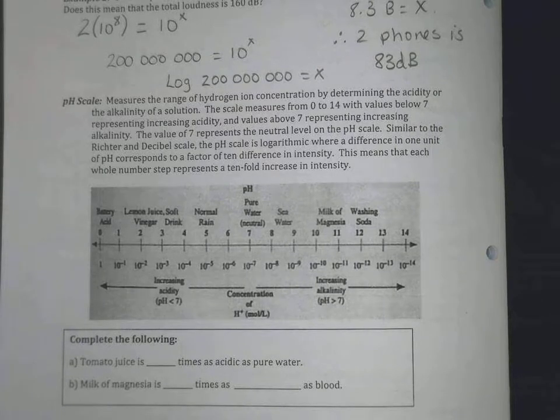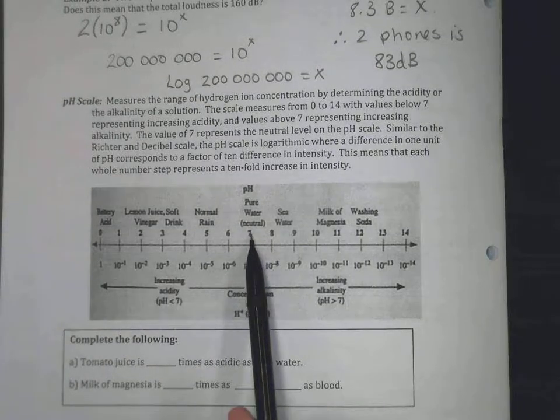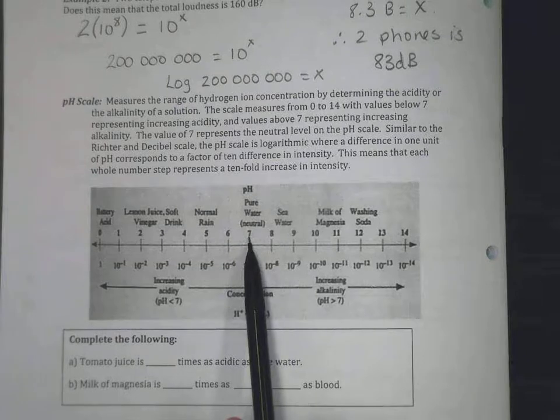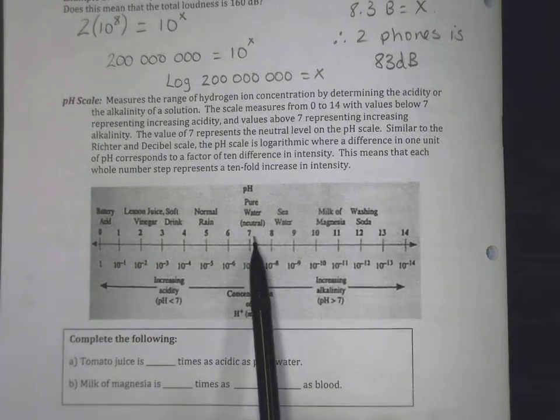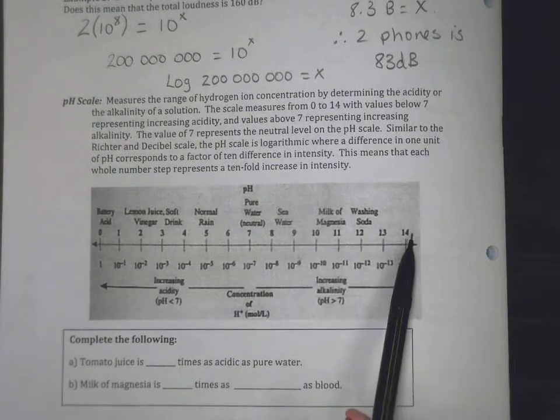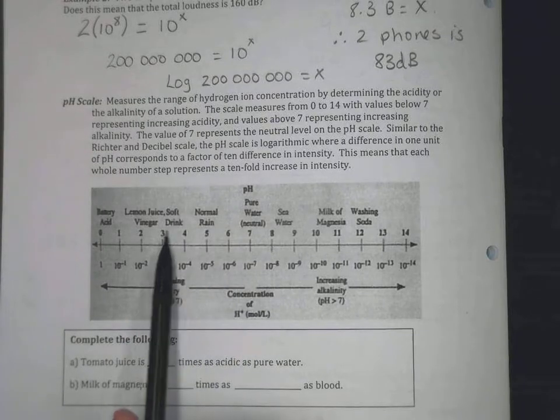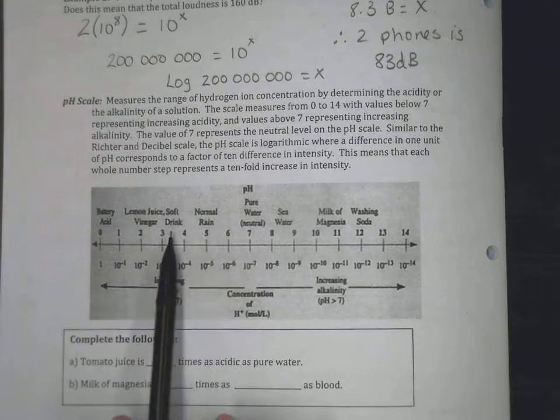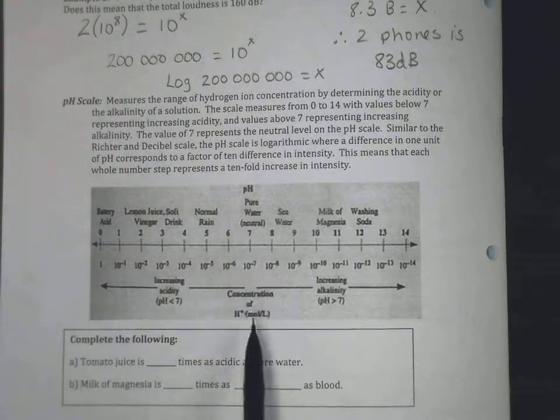Okay, so if 7 is our neutral point, all of these values to the right would be increasing alkalinity. Going to the left would be increasing acidity. So, sorry, this should read lemon juice.